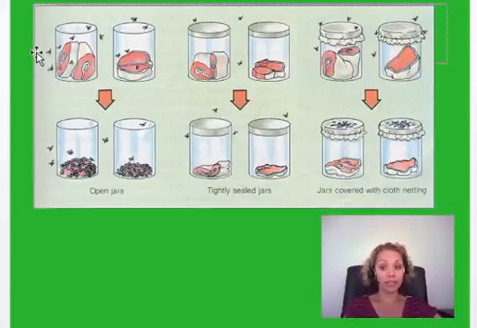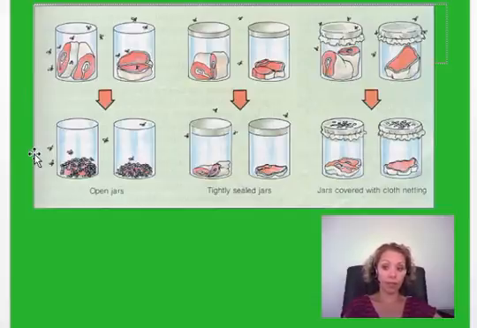Notice the similarities in each setup. All 3 sets of jars have the same meat in them. They're all the same size. He put them all in the same environment for the same amount of time. Now at the bottom here, the second half, we can see the results. Well, the open jars, the flies immediately were able to access the meat. Maggots appear all over the meat. Second set, flies were not able to access the meat because those were tightly sealed jars.